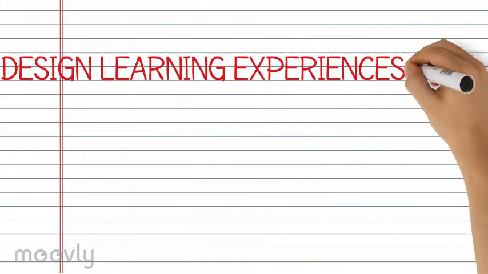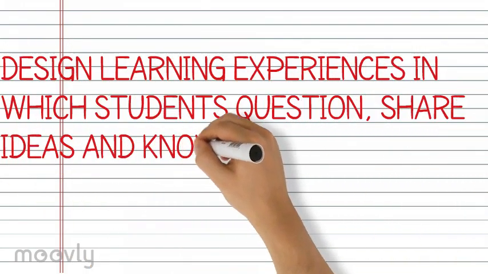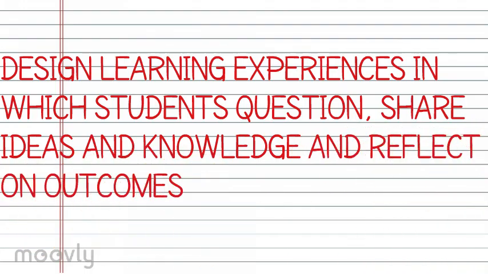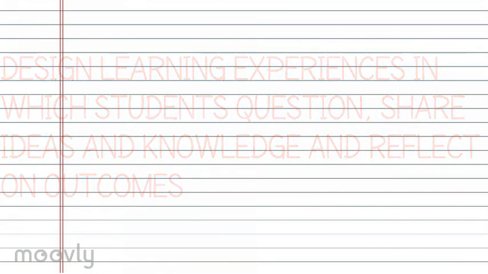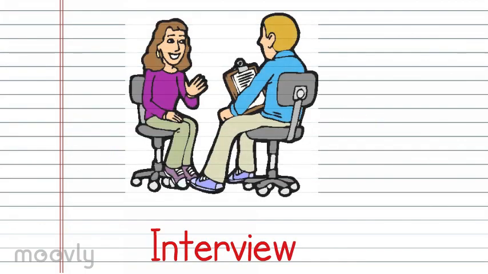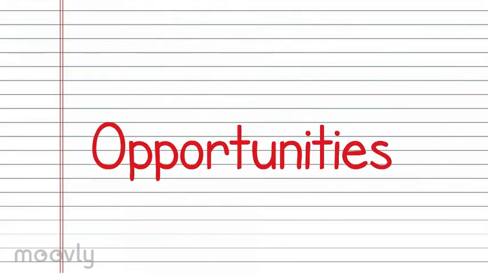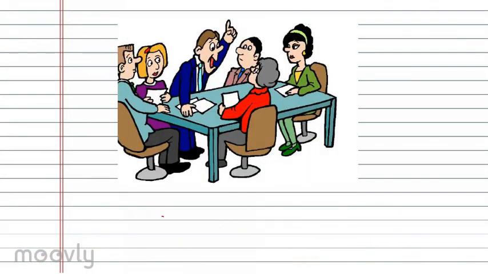Assessment criteria 1.2 is to design learning experiences in which students question, share ideas and knowledge, and reflect on outcomes. As mentioned before, student activities on this day focused on students interviewing each other. This activity created opportunities for students to question and share ideas with each other.